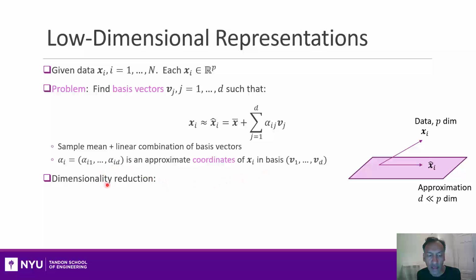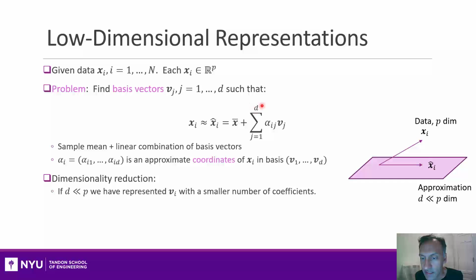Now, the dimensionality reduction comes from the fact that if this d is much smaller than the original dimension p, we're effectively representing that vector by a smaller number of coordinates, because we can just represent that vector by the coordinates in this d-dimensional basis, or this d-dimensional space here.